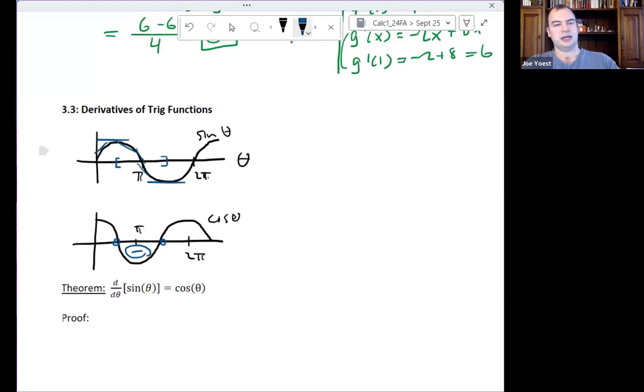I see that sine has positive slopes for its tangent lines to the left of pi over 2, and cosine evaluates to a positive number in that area. Similarly, to the right of 3 pi over 2, the tangent lines of sine have positive slope, and cosine evaluates to positive there as well, going up to 2 pi.